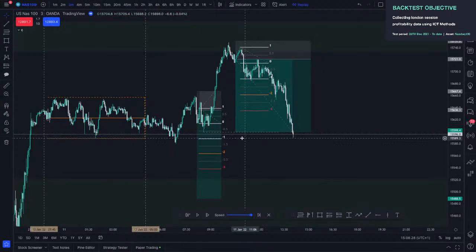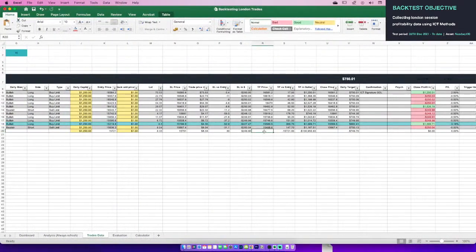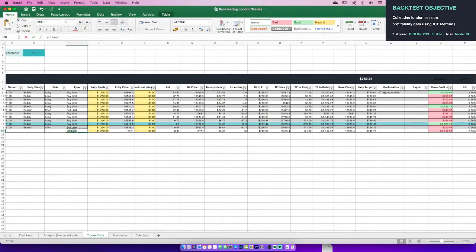And the TP was down here at 15,594. And the close price was 15,599.4. Okay, it says it's negative. I forgot to put something. It was a sell limit. It was a short.